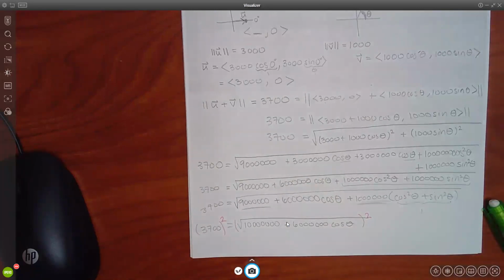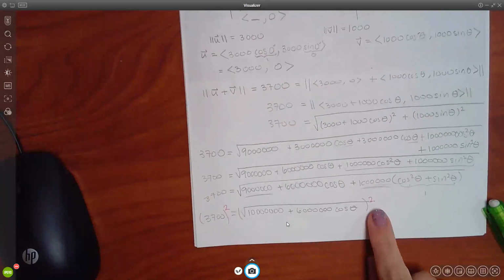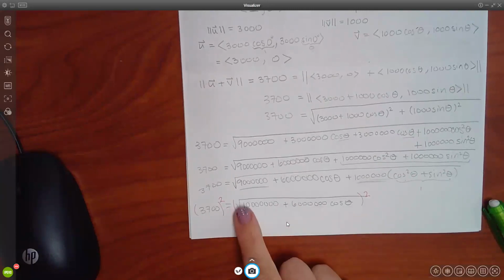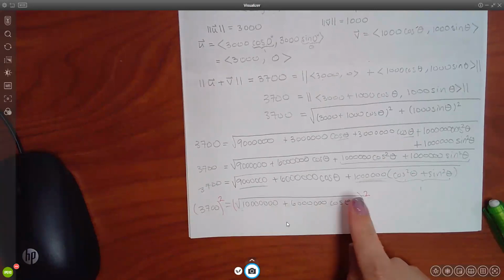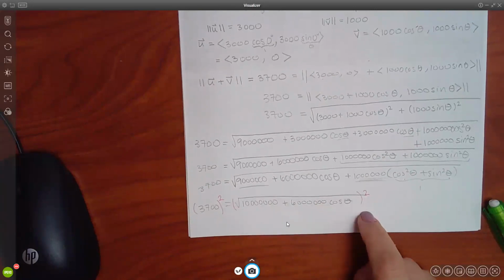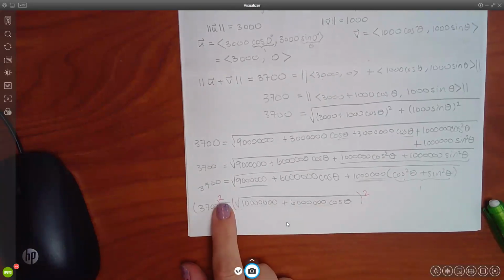And I do not know what that big number is going to be, but go ahead. You have to square the 37. Mm-hmm. I mean, square root it. Not square root it, square it. Because this will get rid of the house. The 2 power gets rid of the 2 root. So if I apply a 2 power to this side, I have to apply a 2 power to that side.